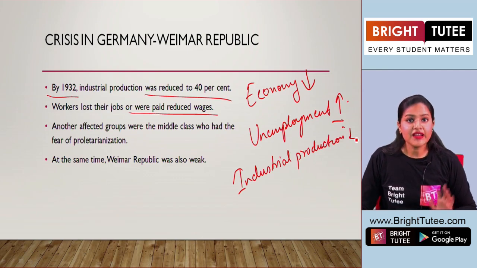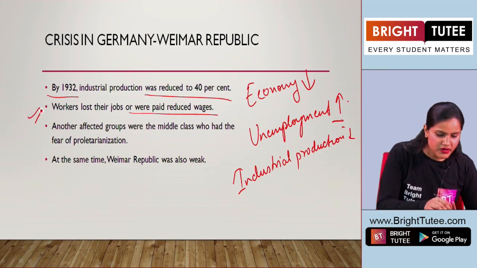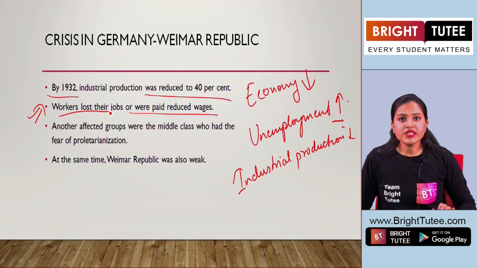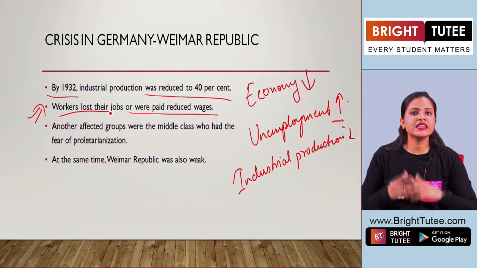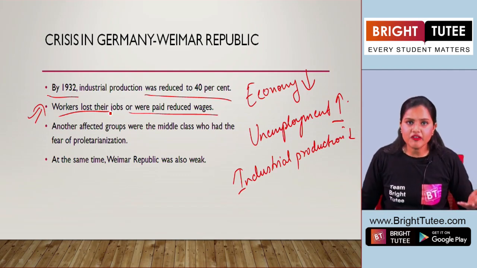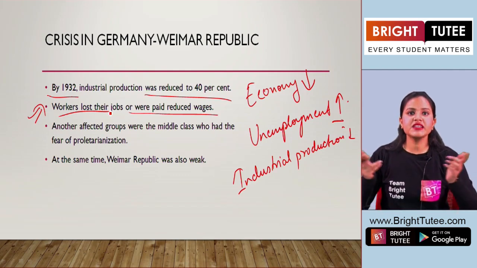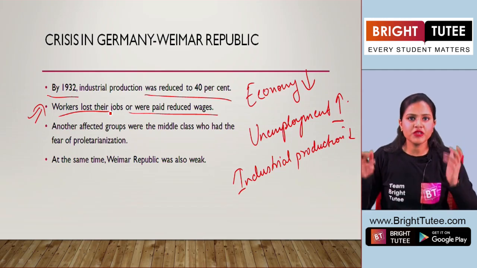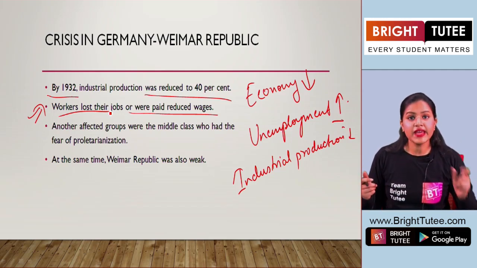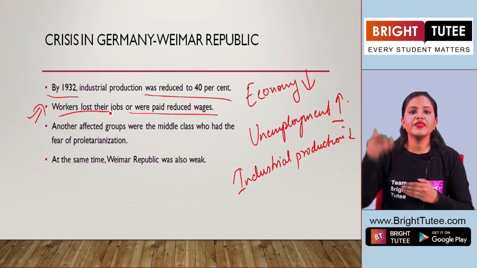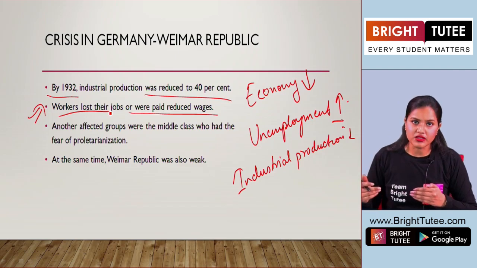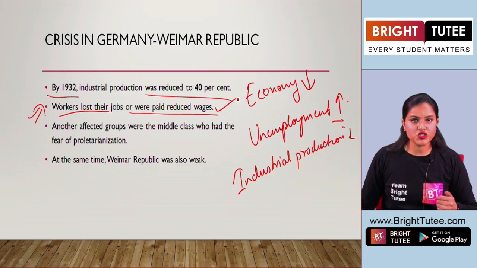It means that the workers were now losing their jobs because enough production was not there. It means that the industries were not making enough money. So all the employees in the industries had to be laid off from the jobs. It created a situation of unemployment in Germany, and all those workers who were working there had their wages reduced, right? So this was the situation here.